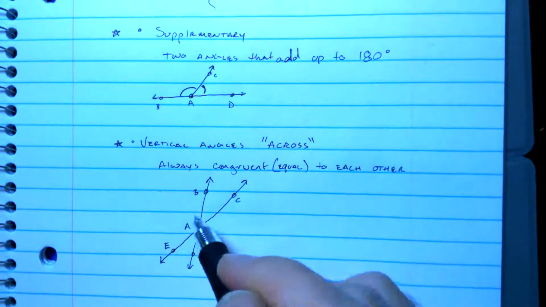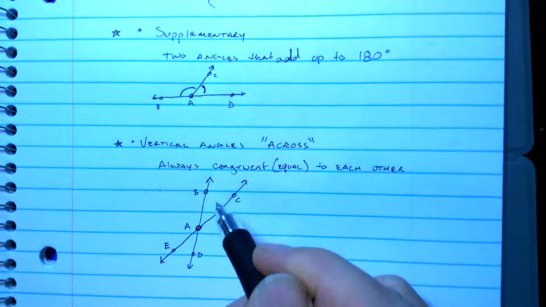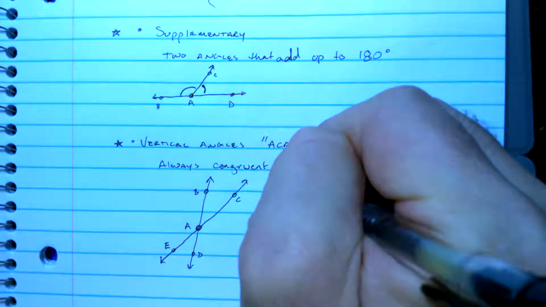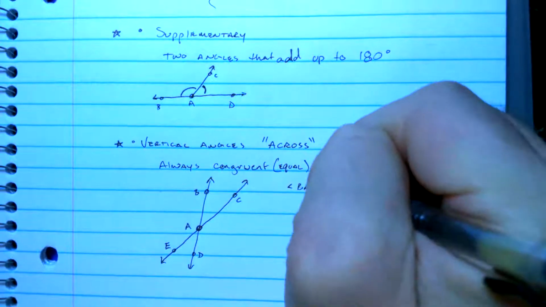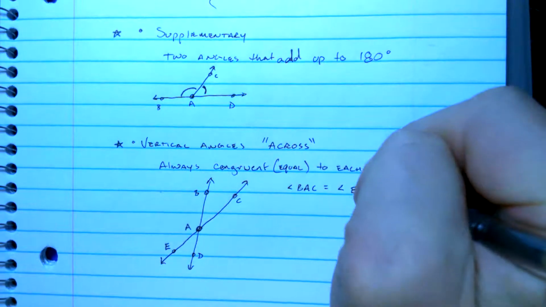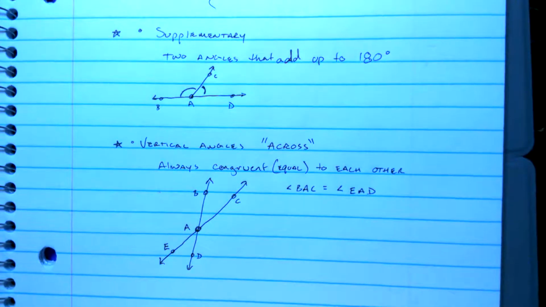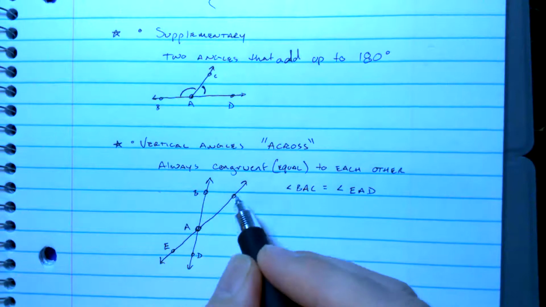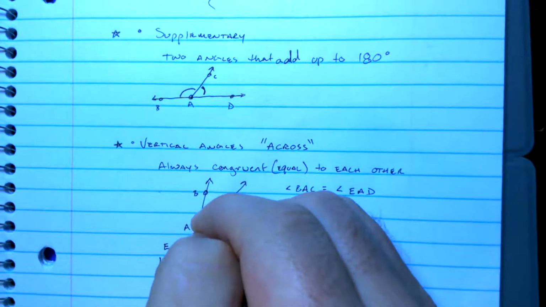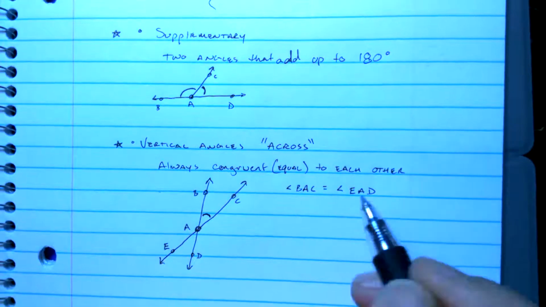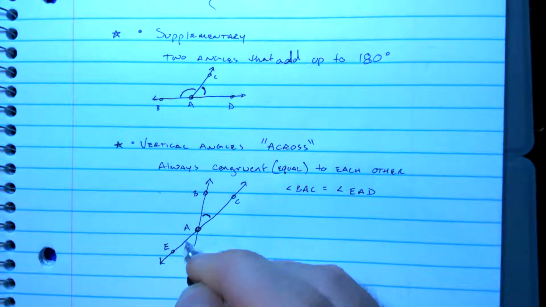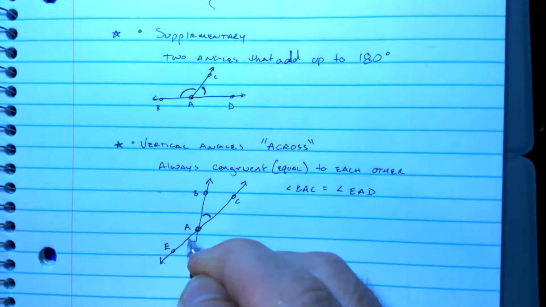All right. So let's talk about a cross, right? So vertical angles, a lot of times people think up and down, which is true. Angle BAC is equal to angle EAD. So you've got BAC, that's this angle here, is congruent to EAD. So if we follow E to A to D, that would be this one here.